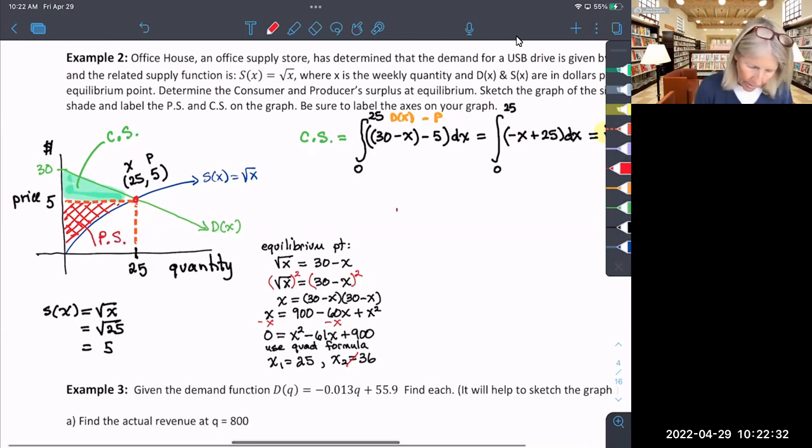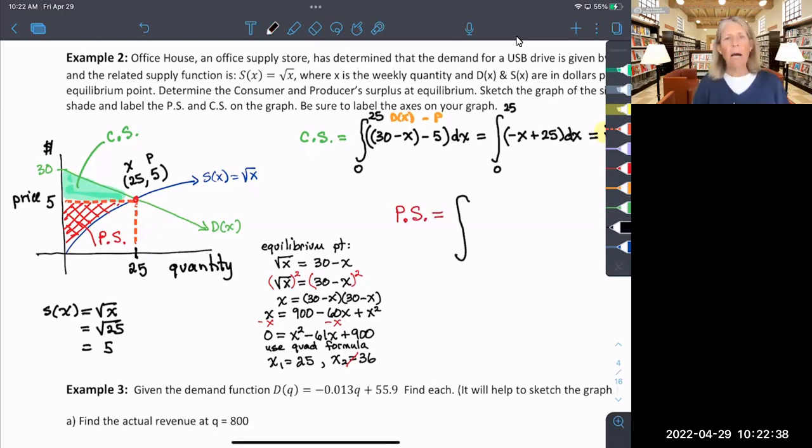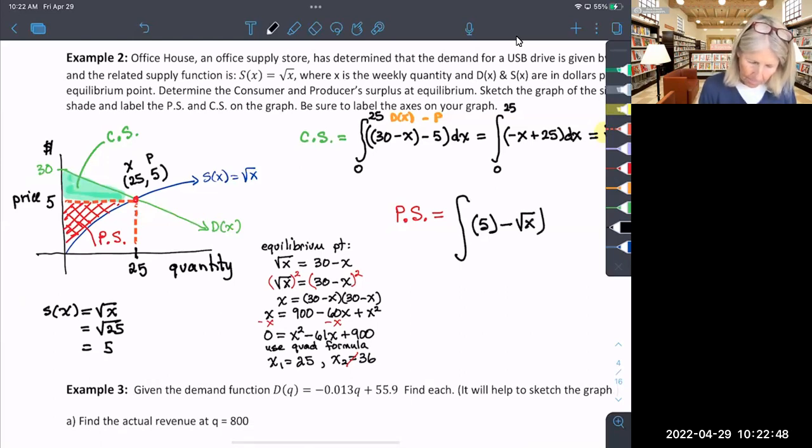So let me write an integral for that producer's surplus. So again, it's an integral, and the upper curve is the price function. So it's going to be 5 minus the lower curve is the supply function, which is the square root of x dx. And I'm going to integrate from 0 across to 25.